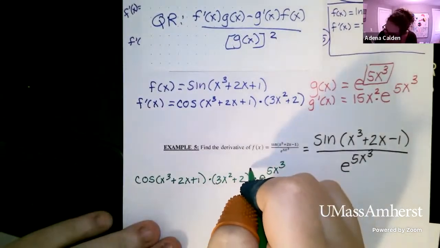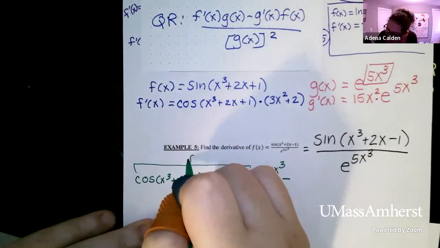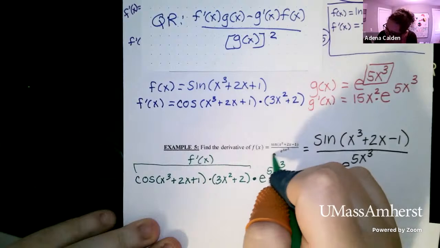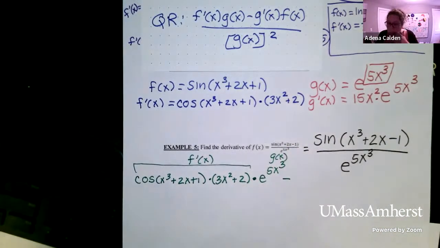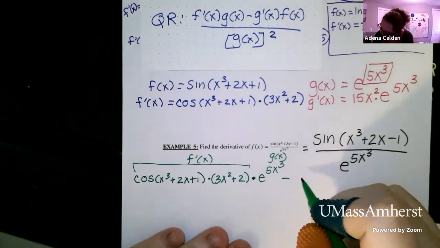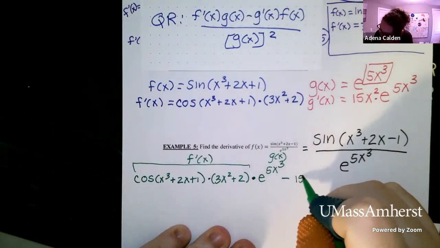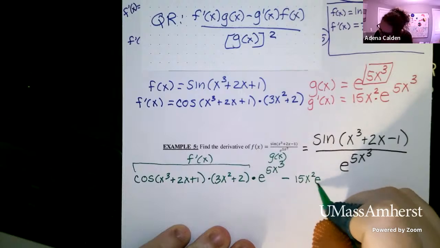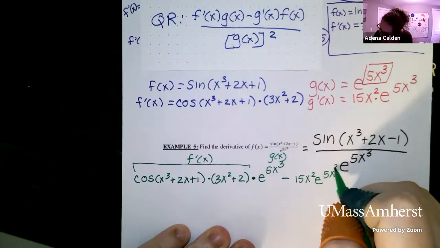This was, like I said, my f prime times g, minus, now I'm going to do g prime times f. So I have 15x squared e to the 5x cubed.